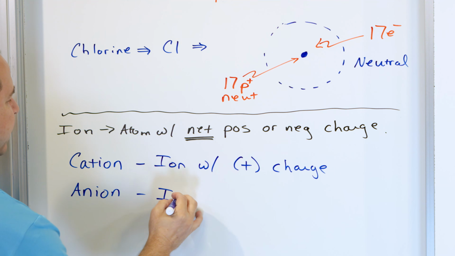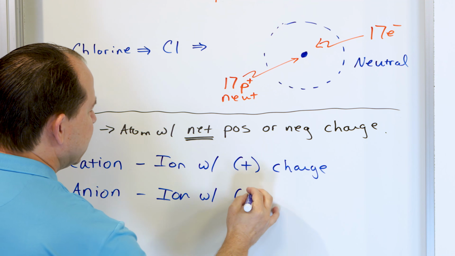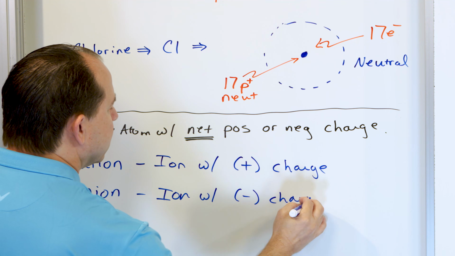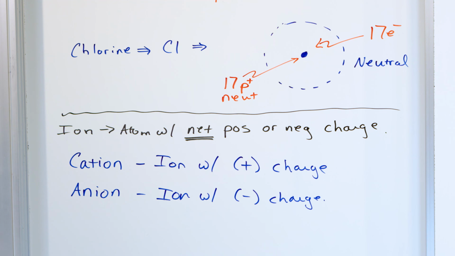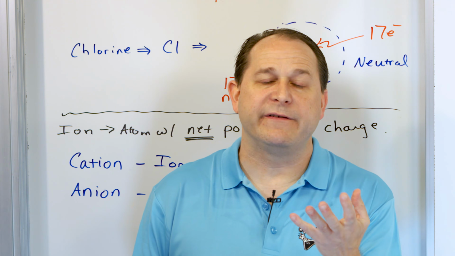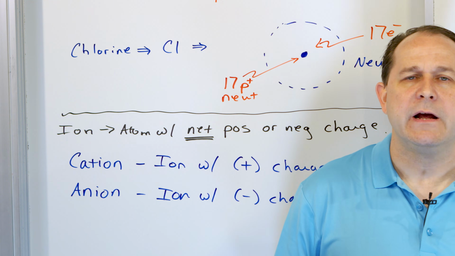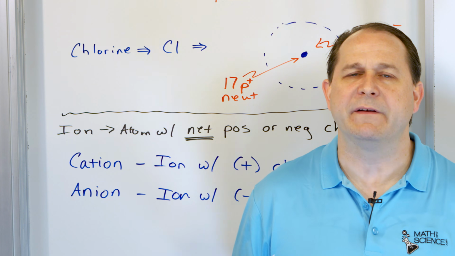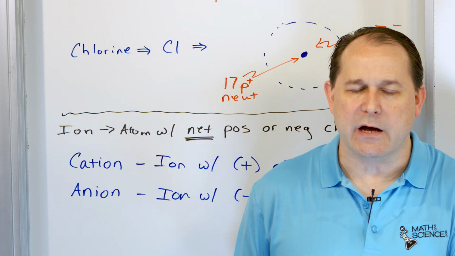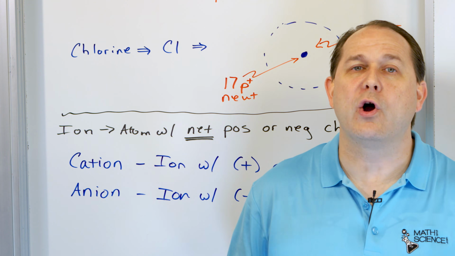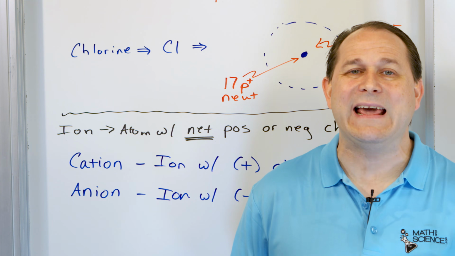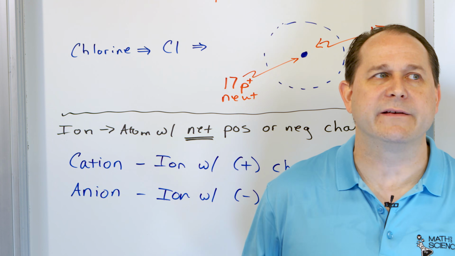An anion is an ion with a negative charge. All right, so we have just different words, right? Because I might reference this element, it might form a cation, or this element might make an anion. And you know immediately, okay, that tells me if it's positive or negative. Anion means it's got an overall net negative charge, and a cation means it has an overall positive charge.